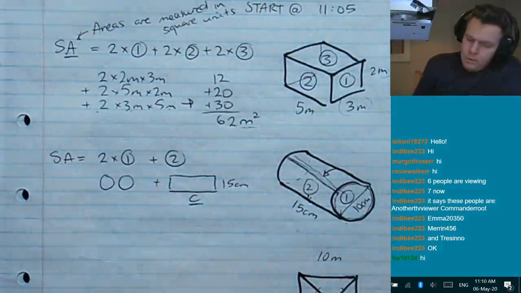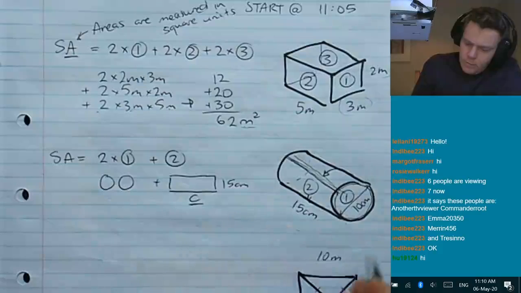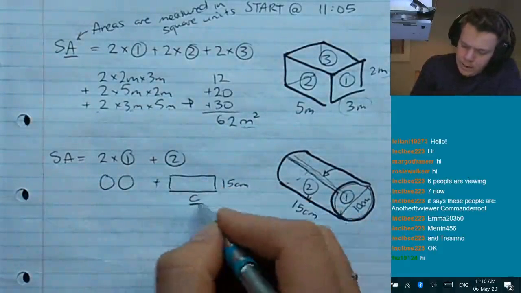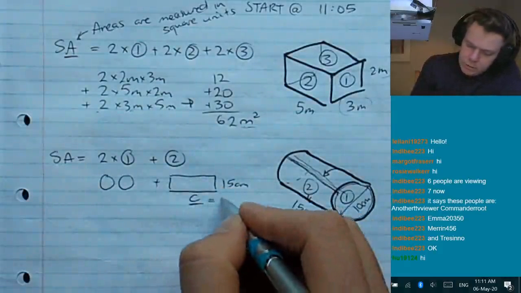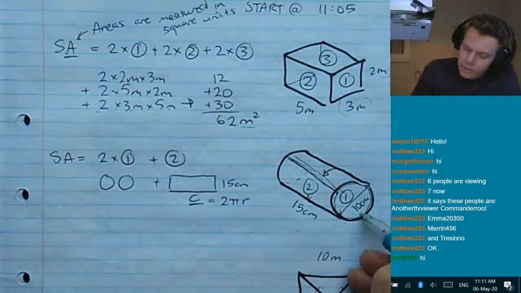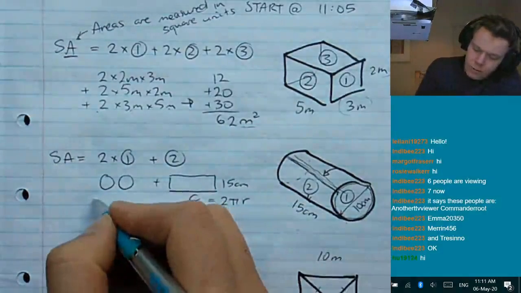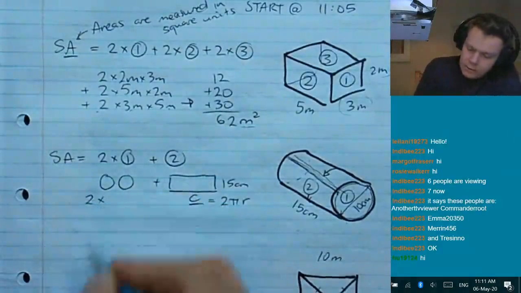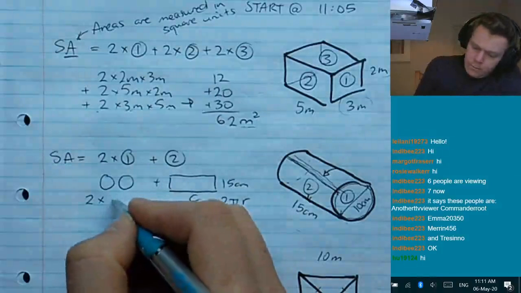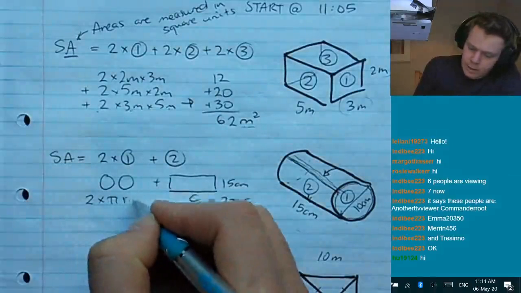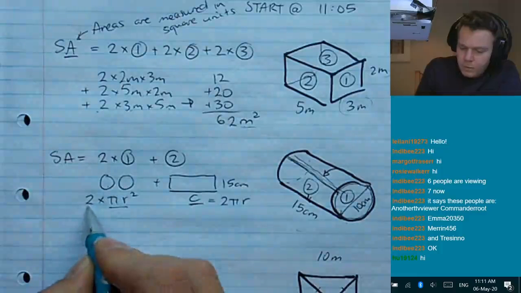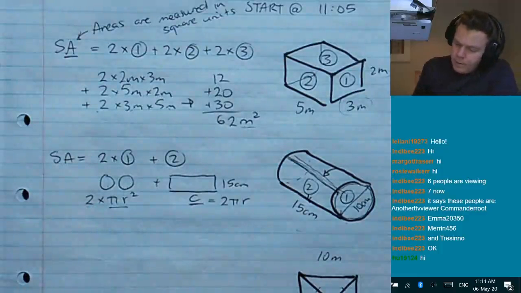Our circumference is equal to 2 pi r. Our circles are 2 times pi r squared, since pi r squared is one circle.